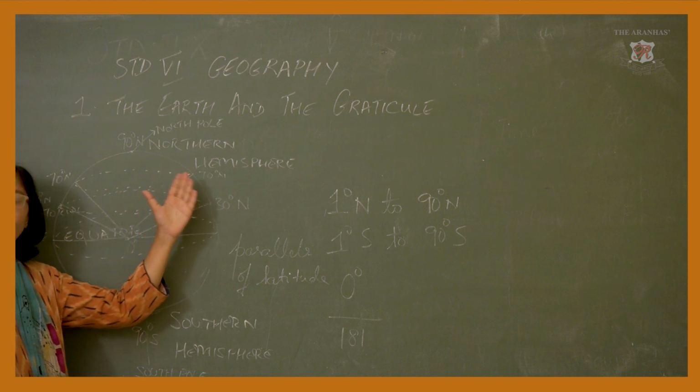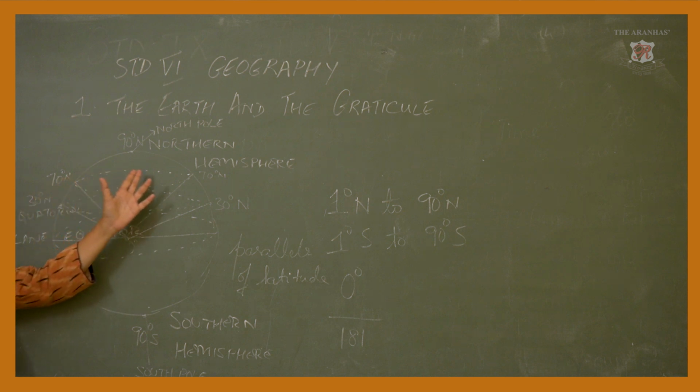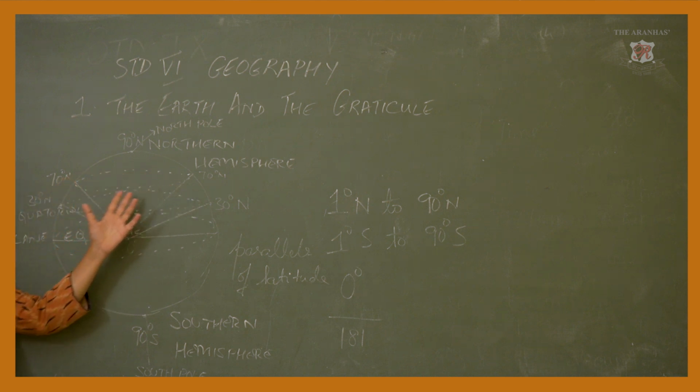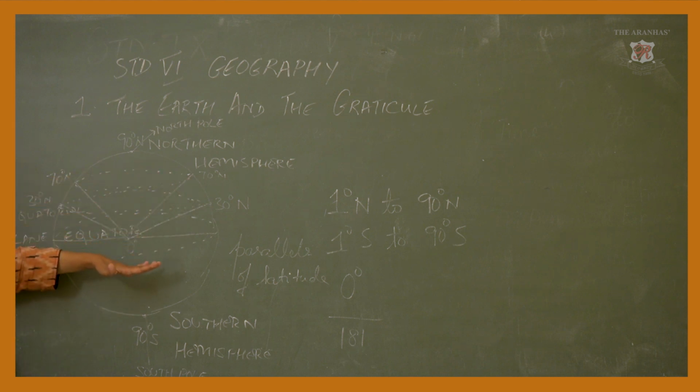Similarly, for 70 degrees, the whole circle will have a 70 degree latitude on the entire parallel of latitude. Since they are all parallel to each other, they are called parallels.